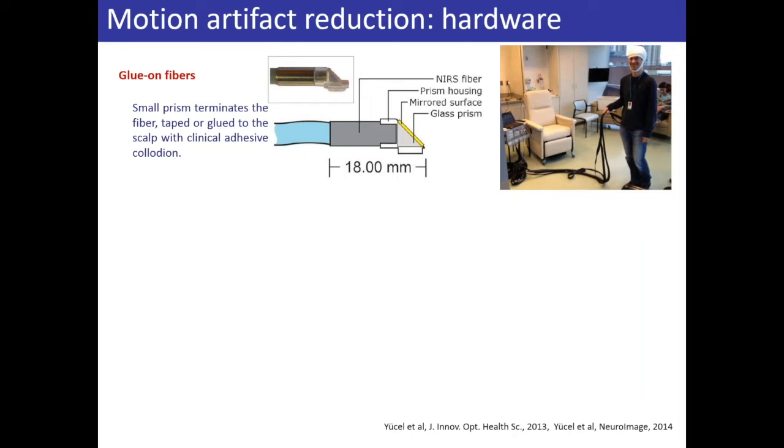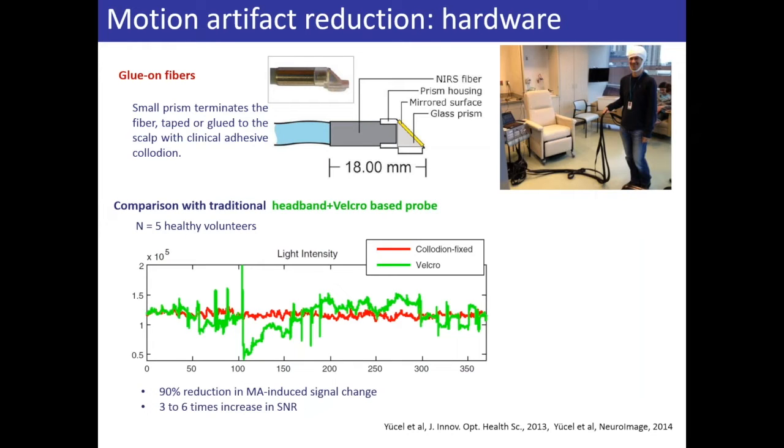This process is regularly done to glue EEG electrodes on the head at MGH, so we followed that. In a follow-up study, we systematically compared the signal quality of fNIRS channels using glue-on fibers versus Velcro-based fibers, because at the time we were using Velcro-based fibers. Right now we are using EEG caps.